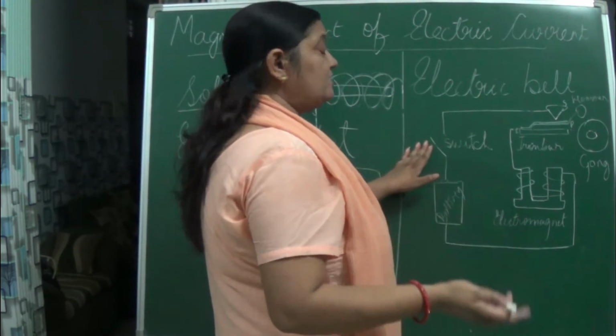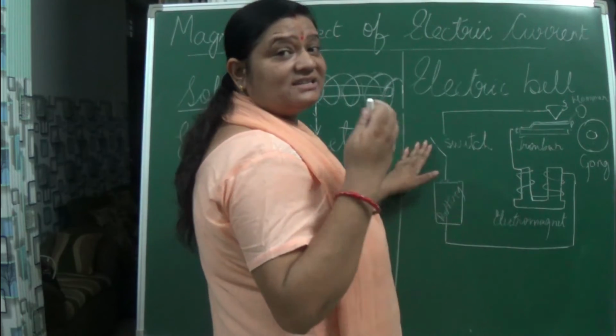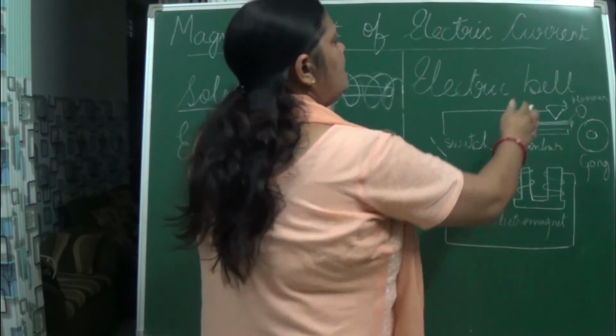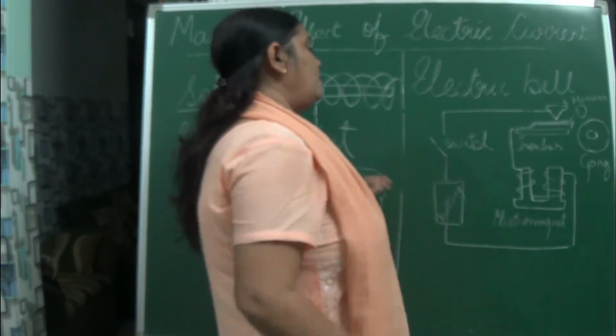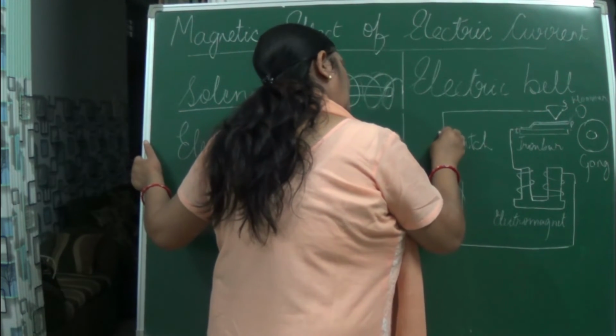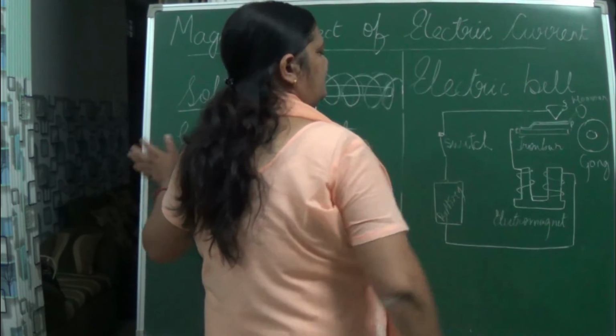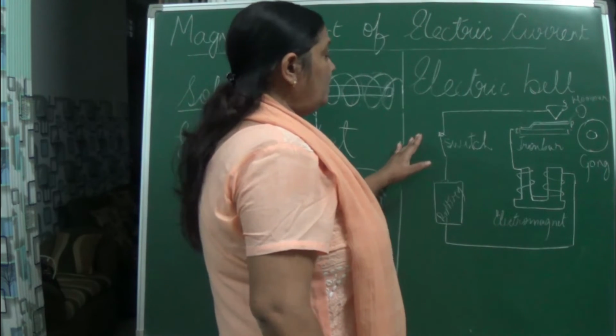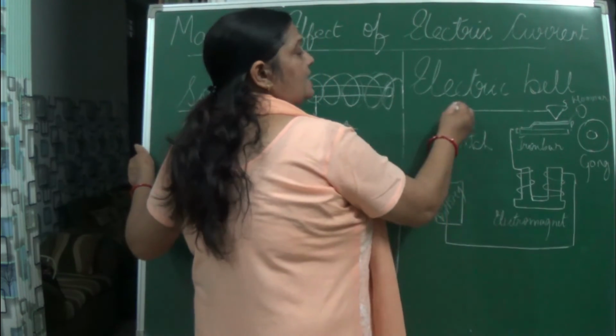disconnected, or when the switch is open, or when the circuit is open, we can't see anything. But as soon as we switch on, as soon as the circuit is closed, what happens? Current passes.